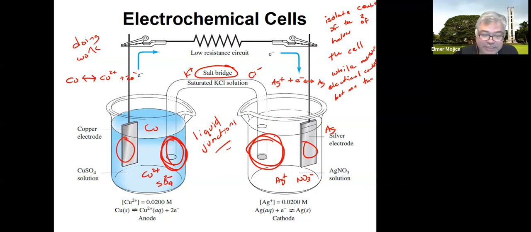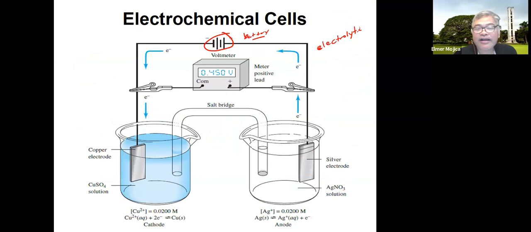Now, what about on the other side? How is the half reaction there? What happens here at the copper electrode? It becomes now the other way.